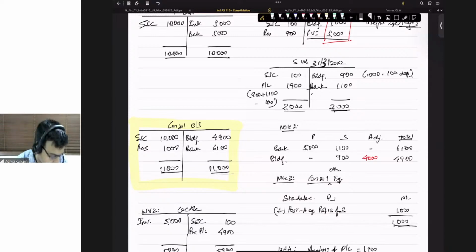So now you will be a confused reader, because on one side you are saying 10 years useful life, and on the other side depreciation is only 100. That means if 5,000 is your value and depreciation is 100, then you are probably giving a 50-year useful life, whereas in accounting policies you say it is only 10 years.